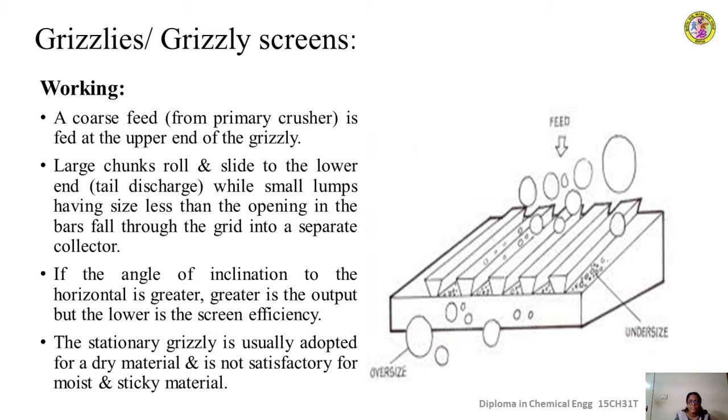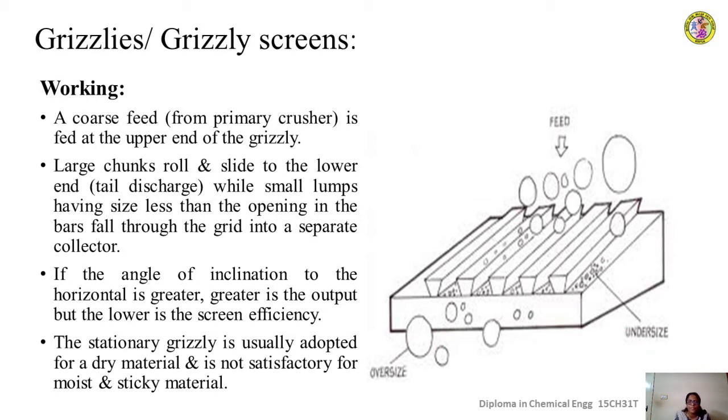You can see that at the bottom there is a frame, and at the top of the frame a number of parallel metal bars are fixed such that they are inclined to the horizontal at some angle of around 30 to 45 degrees. Usually the upper end of the bars or the screen is the feed point.